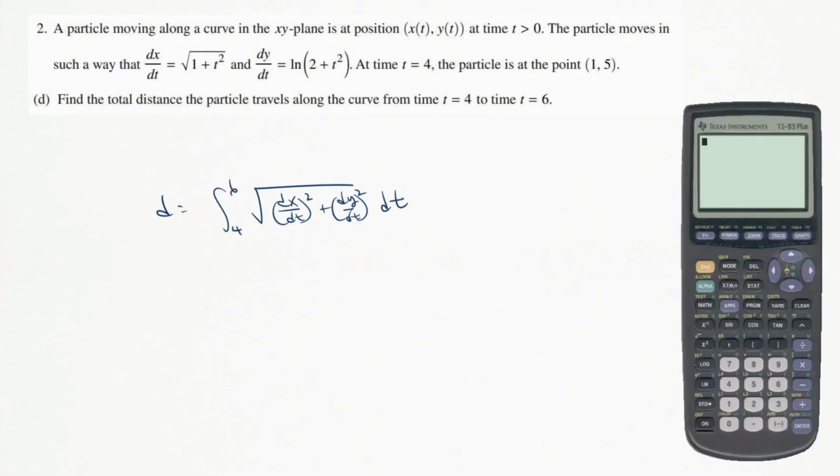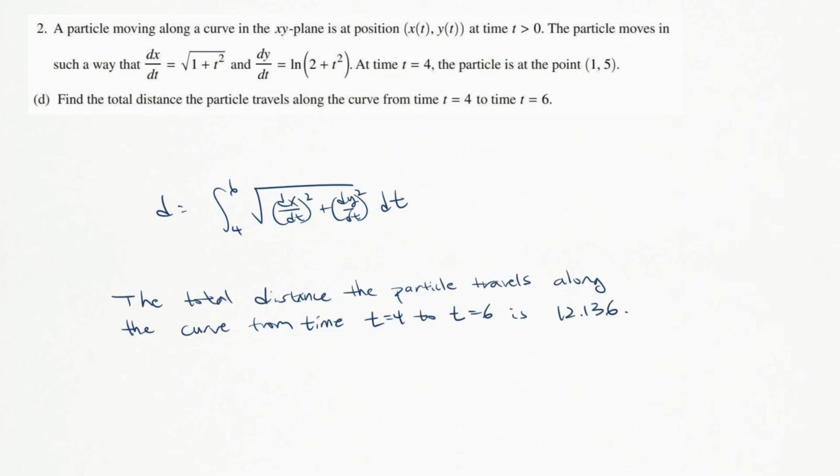And we can easily evaluate this using our calculator by going to math FNINT of square root of y1 squared plus y2 squared, comma x from 4 to 6. And we get 12.136. So the total distance the particle travels along the curve from time t equals 4 to t equals 6 is 12.136.